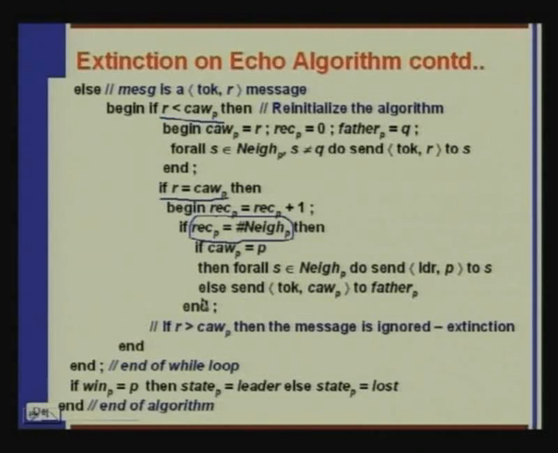So, it may happen that even after this, another set of messages comes from another side, and then it realizes that it is a cancelled leader. It cannot happen, because its own wave can only terminate after it has reached all other processes. So, it will hit the frontier of the other waves somewhere or other.